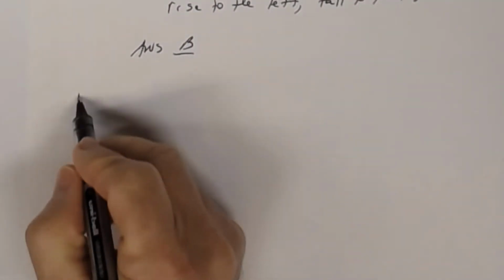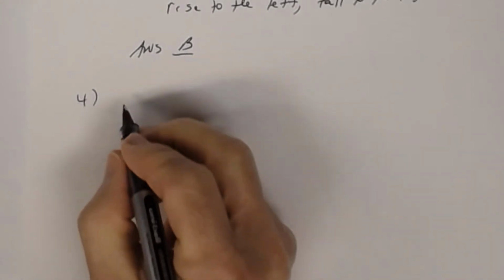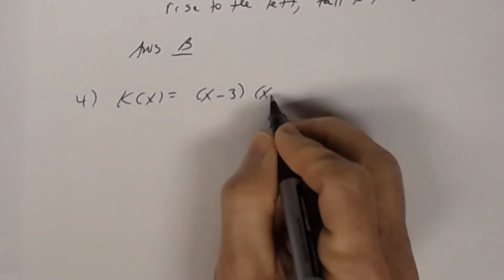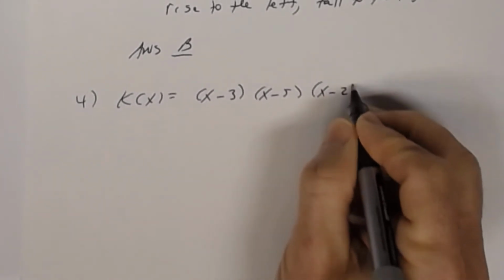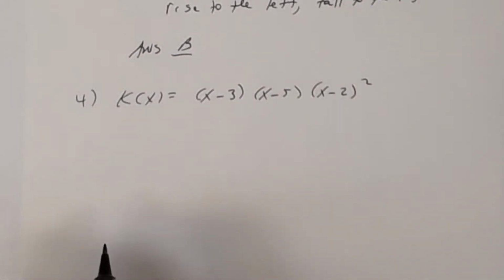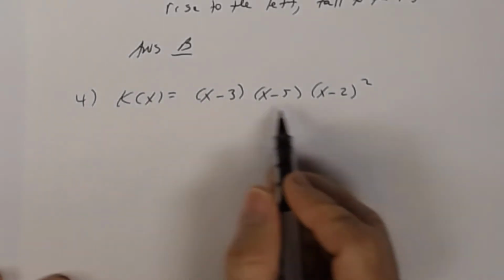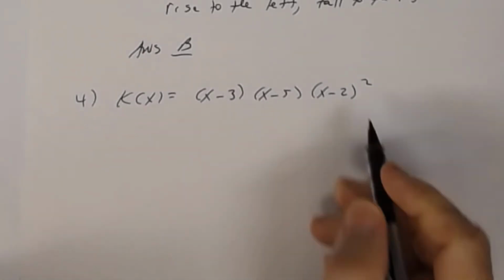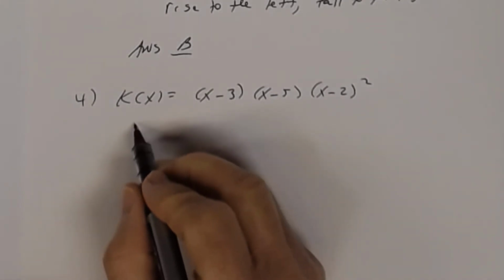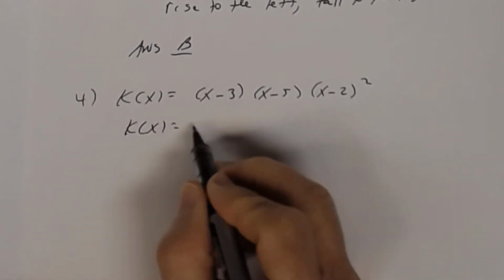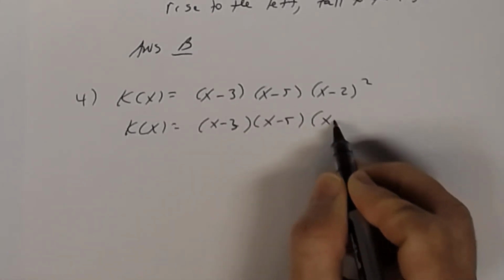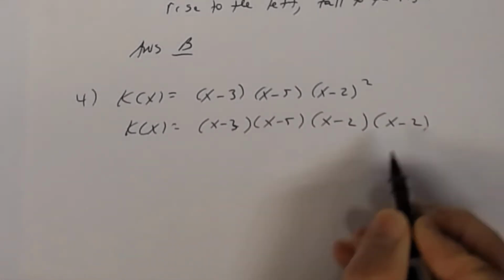All right, so in number 4, we have k of x is x minus 3 times x minus 5 times x minus 2 squared. All right, now think about what we talked about earlier. Don't multiply this out. Just look, and what I would do with this one right here is actually write it out twice. So rewrite as k of x equal x minus 3 times x minus 5 times x minus 2 times x minus 2.